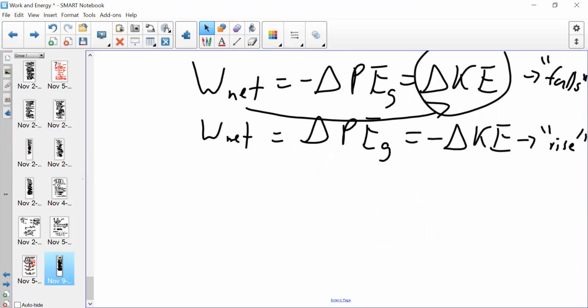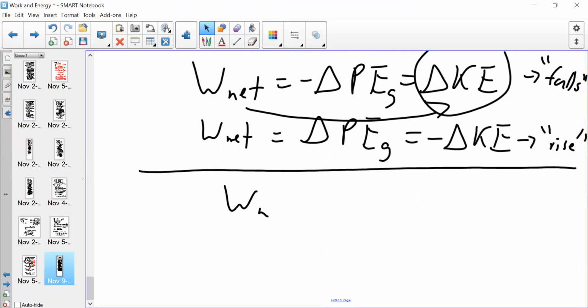Now let's take this top equation again. So I'm just going to draw this. Net work equals negative change in gravitational potential energy.